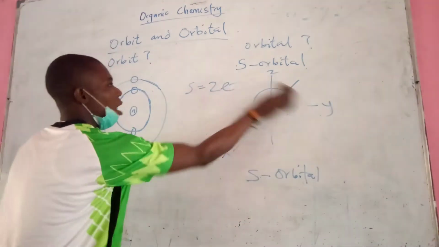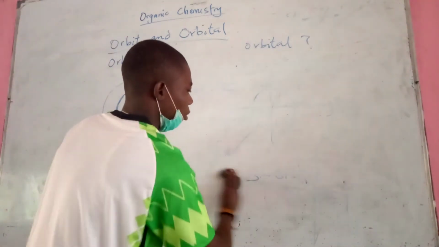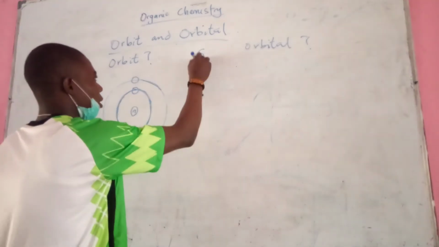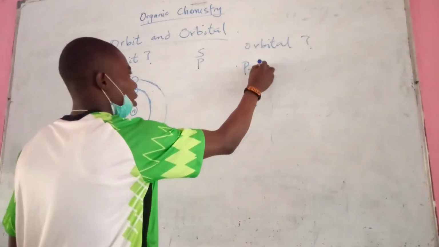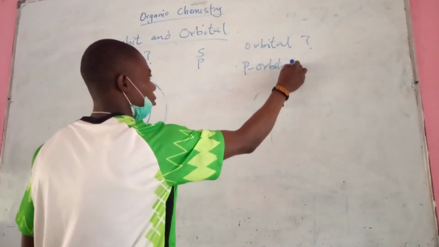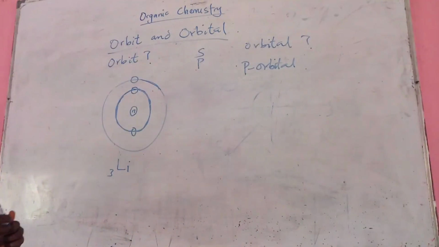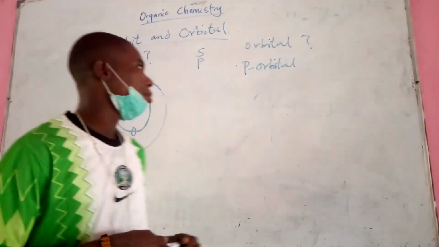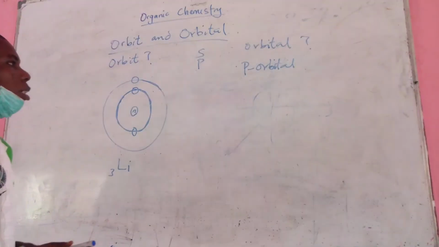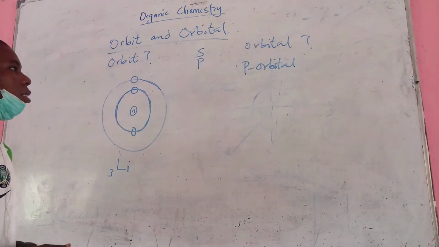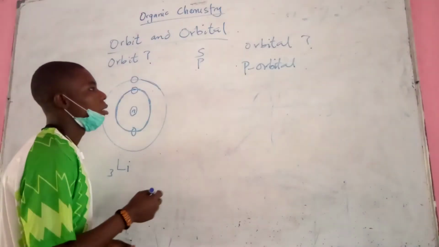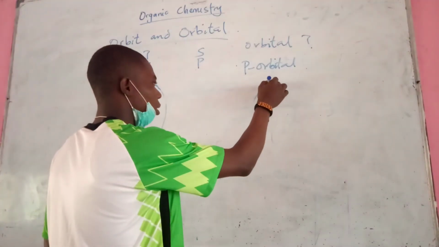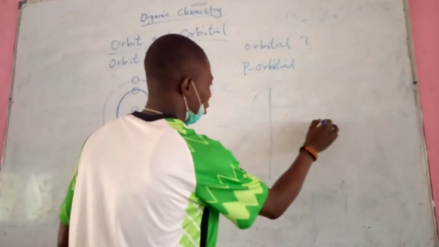Then we still have the P orbital. Don't forget we have the S orbital. The next one is the P orbital. P orbital is the next orbital after S orbital. The shape of the P orbital is dumbbell.